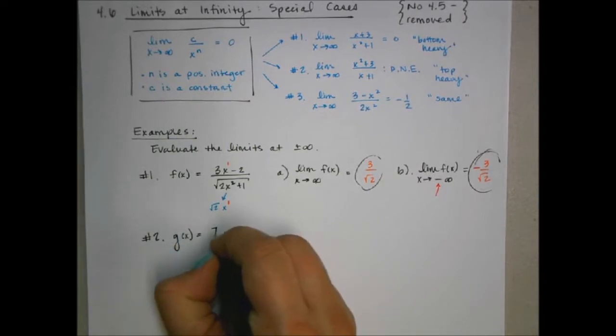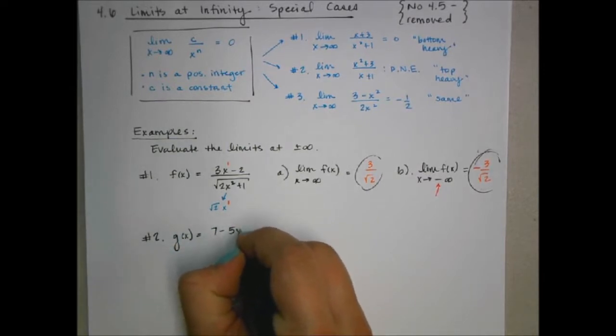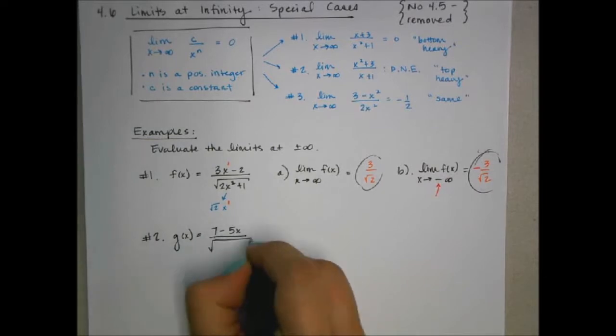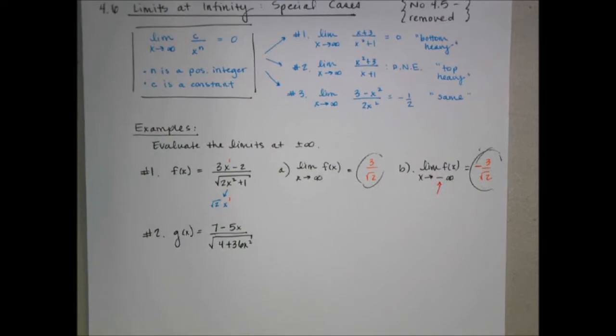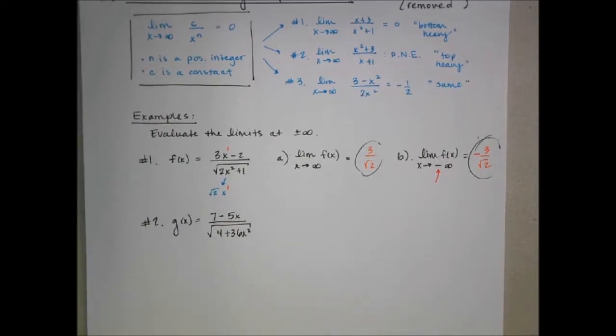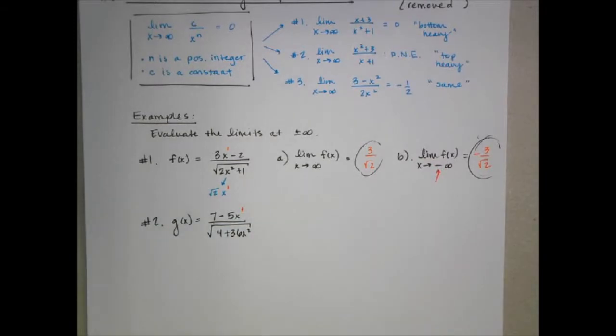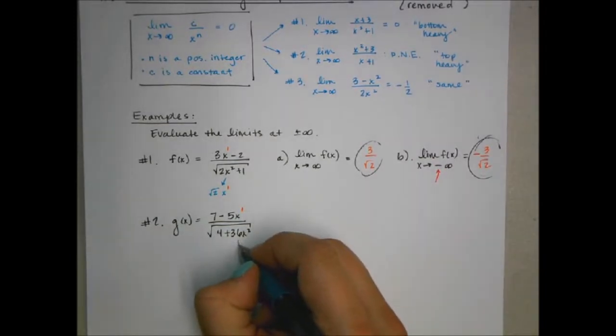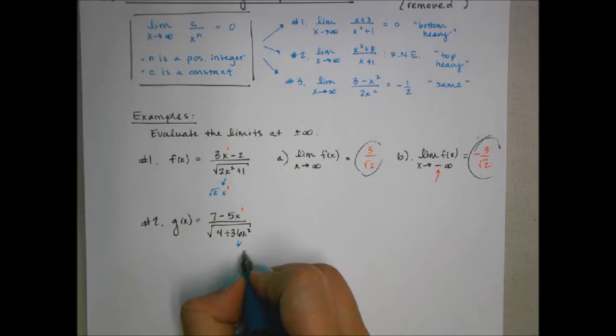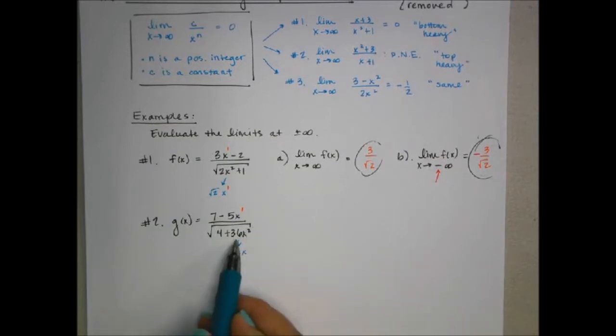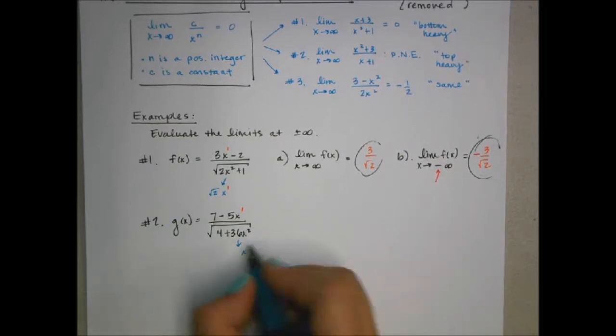So here g(x) is (7 minus 5x) over the square root of (4 plus 36x squared). Comparing the top to the bottom, the top is 5x to the first. On the bottom, if I took the square root of x squared, it would be x, and the square root of the leading 36 would be 6.